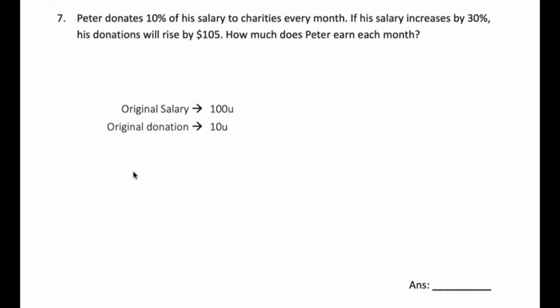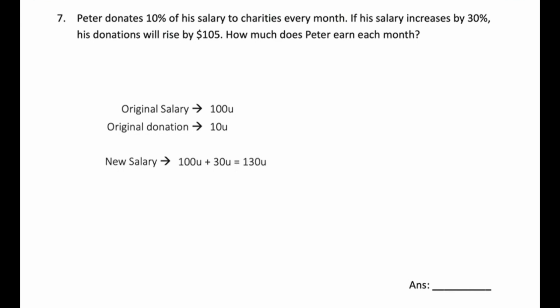Everybody tell me, how many units is the new salary? New salary will be 100 units increased by 30%, to be 100 units plus 30 units. This is the new salary. This is the old salary, right? So new salary is 130 units.